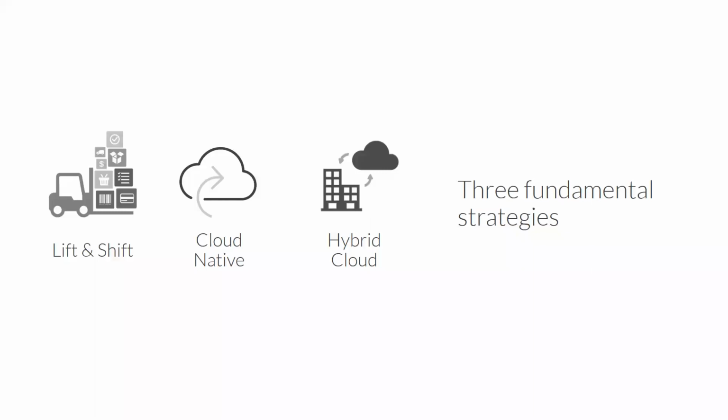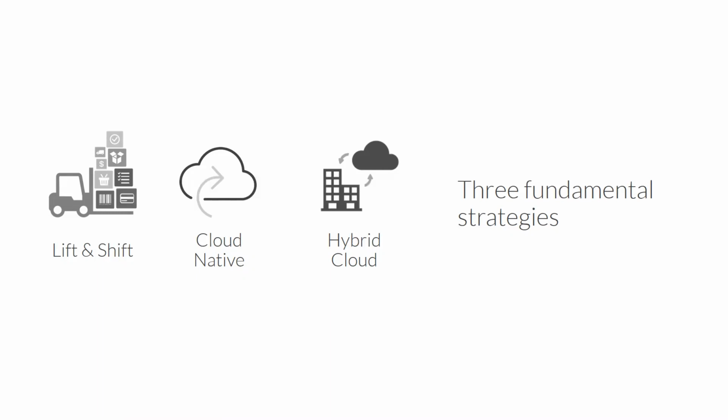At a high level, there are three fundamental strategies when it comes to moving a workload like analytics to the cloud. The first one being a lift and shift strategy. The second is a cloud native strategy, and the third one is what we call a hybrid cloud strategy.